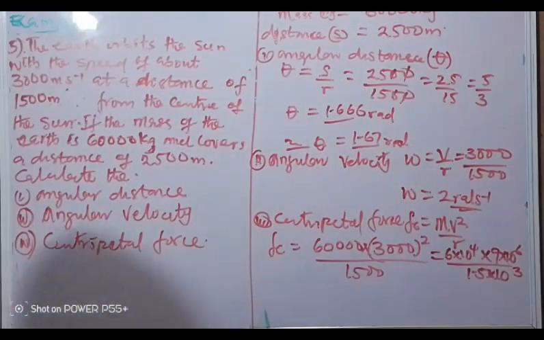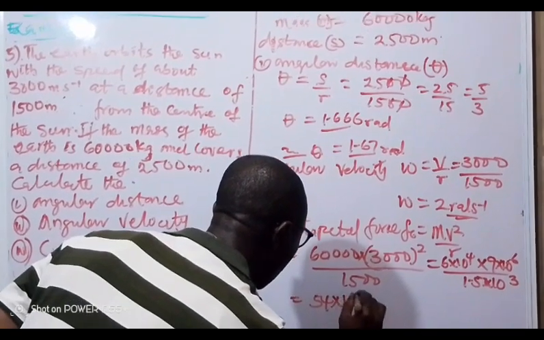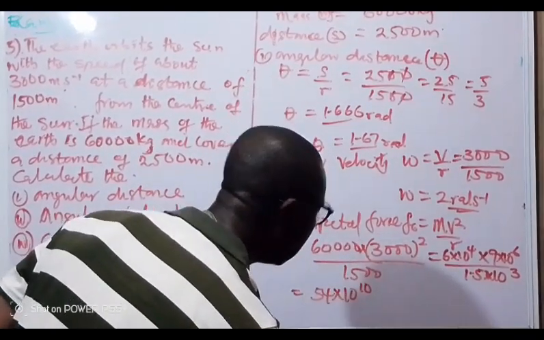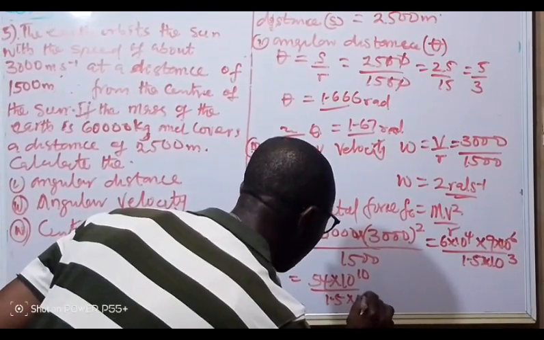This will give us 54 times 10 raised to power 10 divided by 1.5 times 10 raised to power 3.